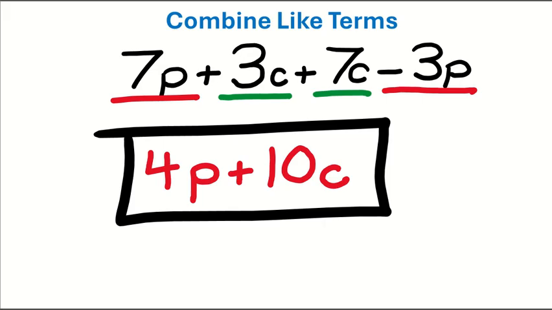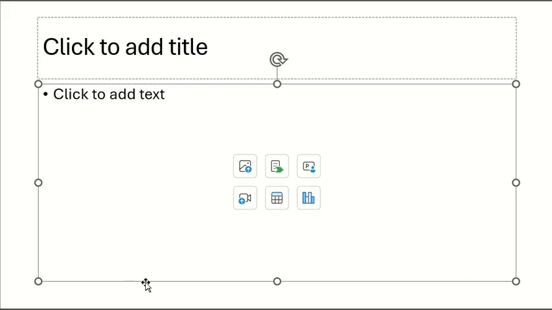Let's do one final example because, well, it wouldn't be right if I didn't do one of my W examples. What if I had something like this?